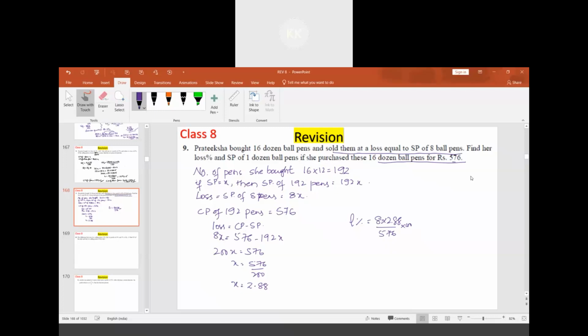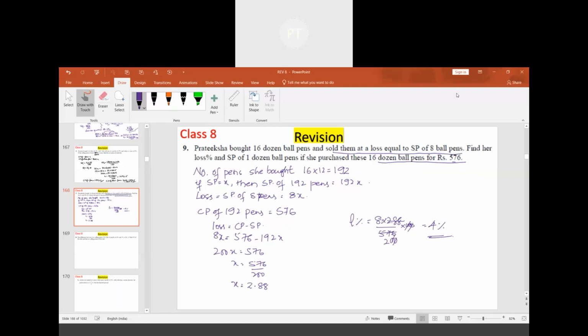This should be simplified. 2.88 will divide this 200 times. So the zeros will get cancelled. We get loss percent as 4%. This is a method; you can solve it in another way also. You understood this? Sir, we also have to calculate the SP of 1 dozen ball pens.